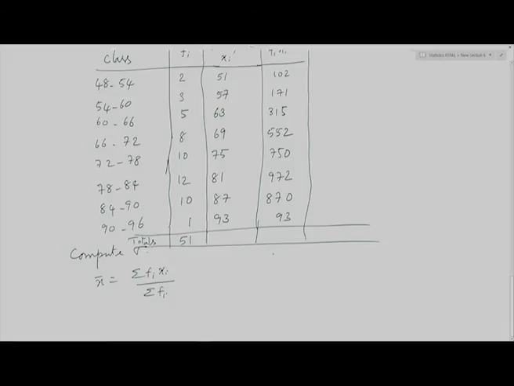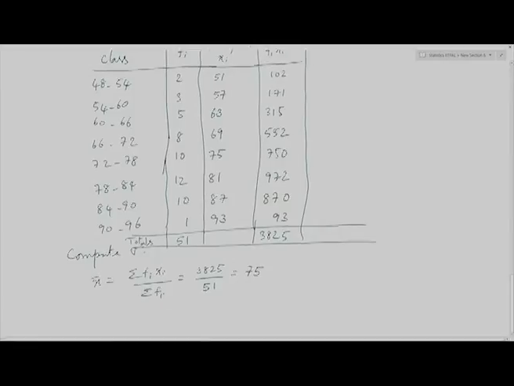If I sum all that, I get 3825. Therefore, I can immediately compute the mean of the given data, 3825 divided by 51, which is equal to 75. So, the mean is equal to 75.